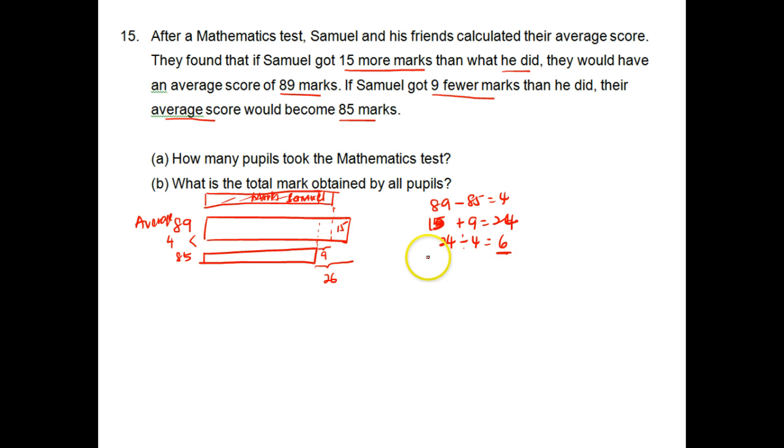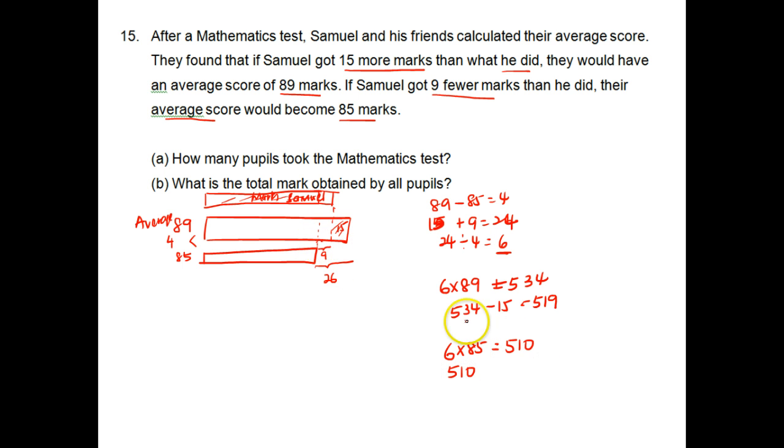If 6 pupils took the test, each pupil gets 89 marks. So 6 times 89 will give me 534. I need to minus off my 15. 534 minus 15 is 519. For 6 pupils with an average of 85, that is 510.